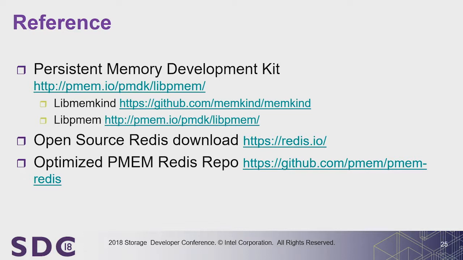These two are very common and easy to use. And the second one is what you want if you really want to become familiar with what Redis and Redis Labs do: go to redis.io to get that information. And the last one is the version we put out. You can download it and check out what code changed, and try it yourself, right? So that's pretty much for the day.